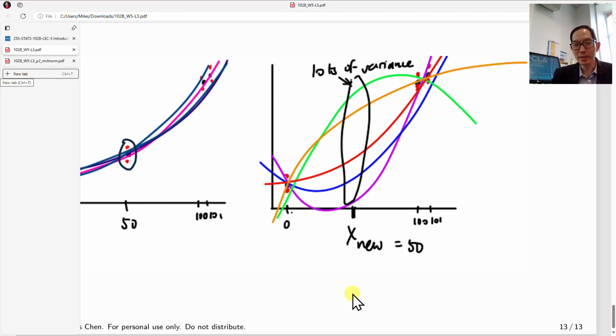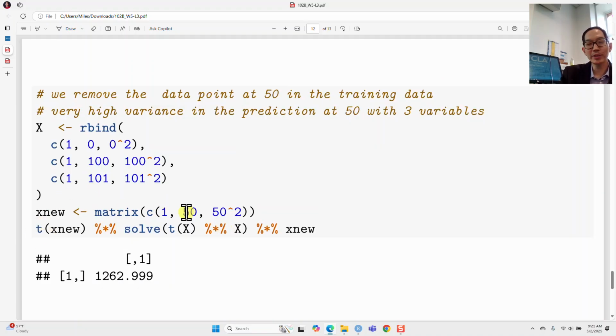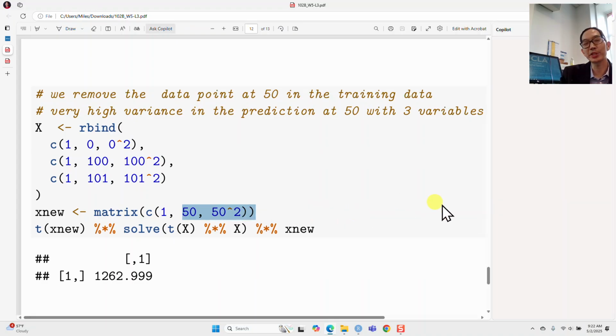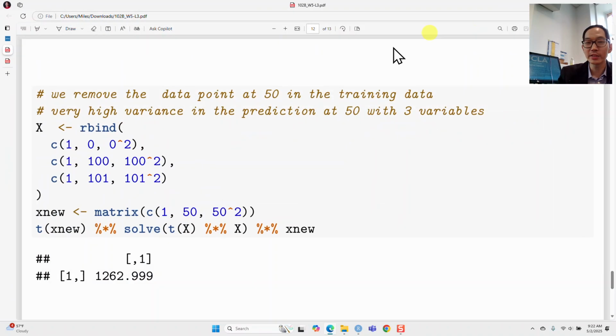And I didn't put this into the notes, but if I say, I don't want to make a prediction at 50, I want to make a prediction at 99, okay?